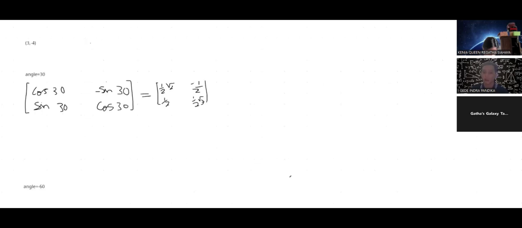And here 1 over 2, and here 1 over 2 cross root of 3. And then we have to multiply by the vector 3 and 4 to find the rotation matrix.